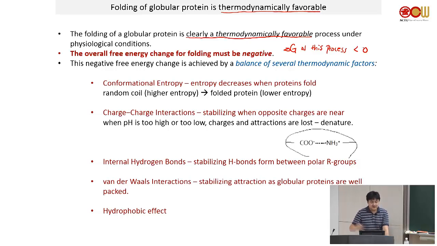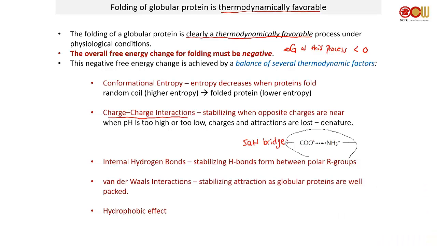You are going to gain energy from where? From charge-charge interactions. We know at physiological pH, you have acidic groups like glutamate, aspartate, and basic groups like lysine and arginine. One is going to have a negative charge, the other a positive charge. So if they're close together, they form a very good thing called a salt bridge.